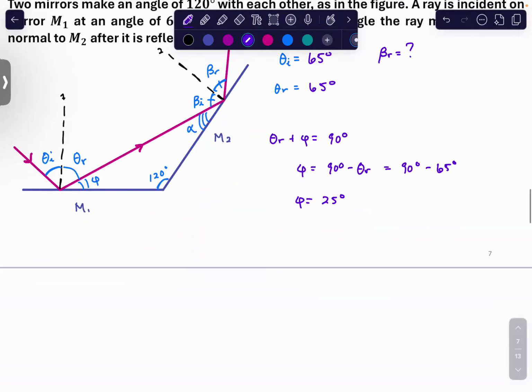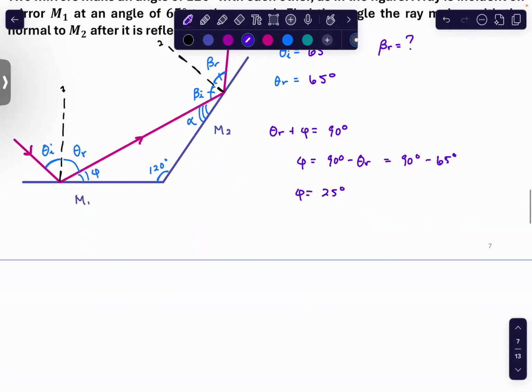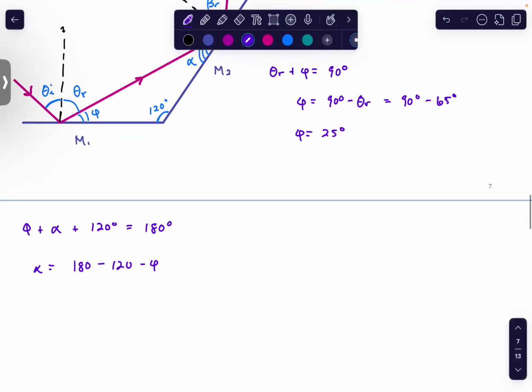So phi plus alpha plus 120 equals 180. So alpha is going to be 180 minus 120 minus phi. And when you plug in phi, alpha is going to come out to be 35 degrees.